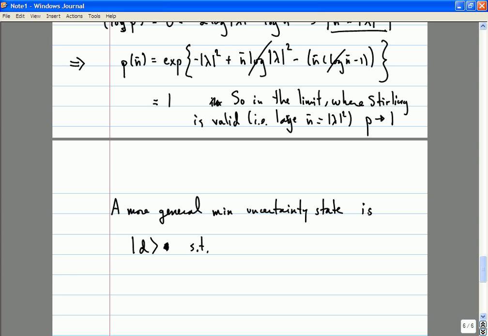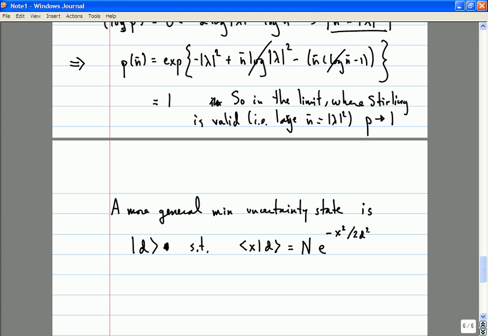So, for example, you could write down some other state which I'll call D in order to distinguish it from the states that we were considering above, which is a Gaussian centered around the origin, but with a width that is not necessarily set by the frequency of the harmonic oscillator that we started with.